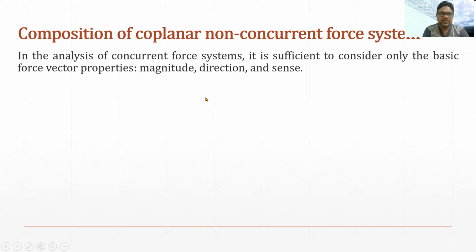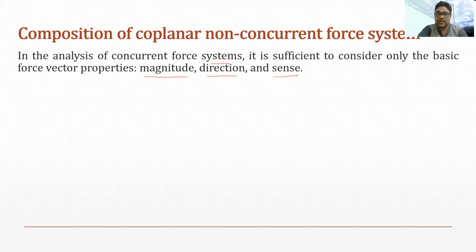So as I said, in the analysis of a concurrent force system, it is sufficient to consider only the basic force vector. In the previous lecture, we were only considering the magnitude, the direction and the sense of the force, and with that the equilibrium condition was established.